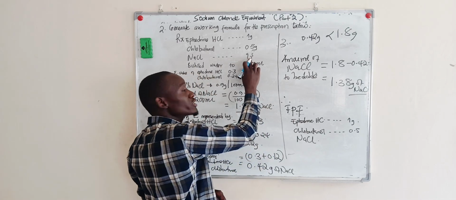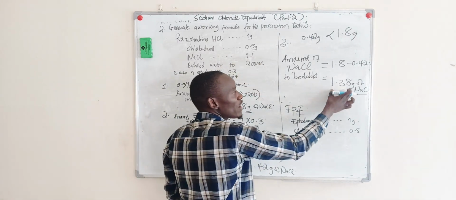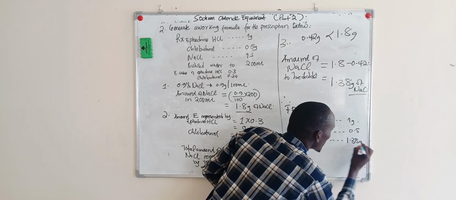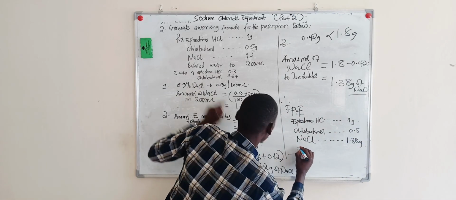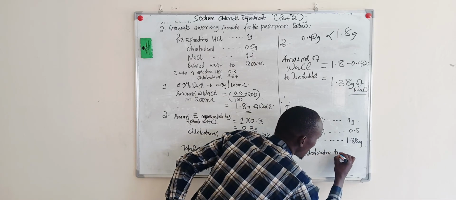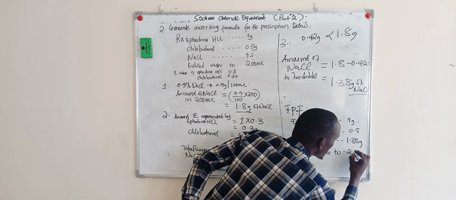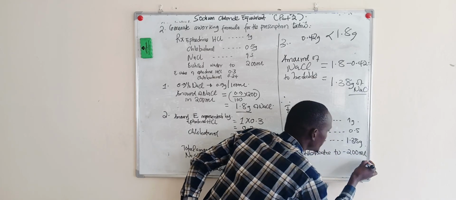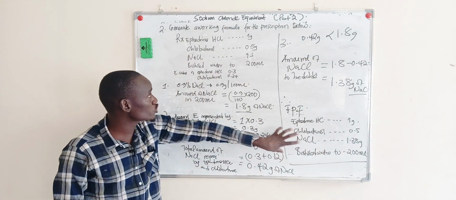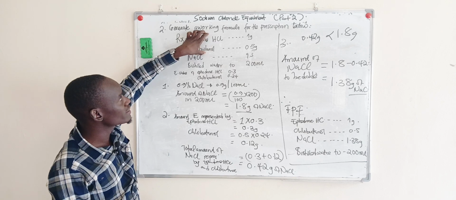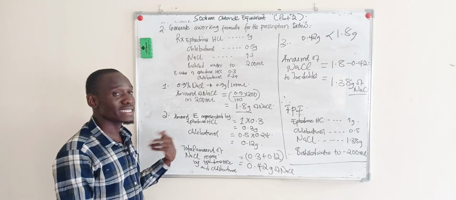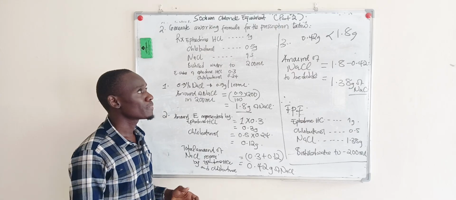This time round it is not "quantity sufficient" because we have already obtained it, so it will be 1.38 grams, then distilled water, add up to 200 mils. And that is how we adjust the solution where we have questions or solutions involving more than one ingredient. Let us look at the third example.